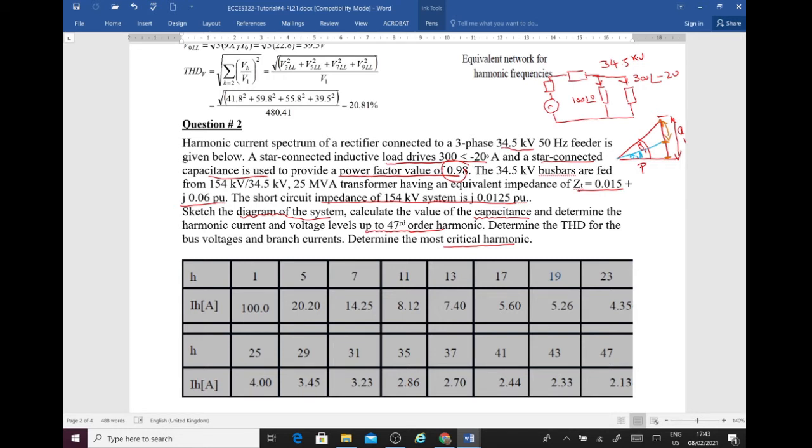Okay, so in order to find QC, which is this one, we need to find Q1, right? And this one will be our Q total for the system.